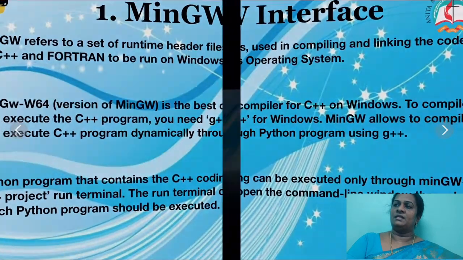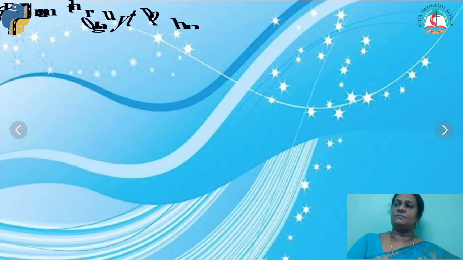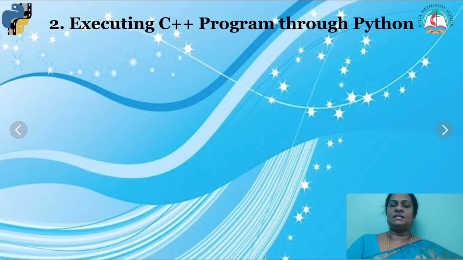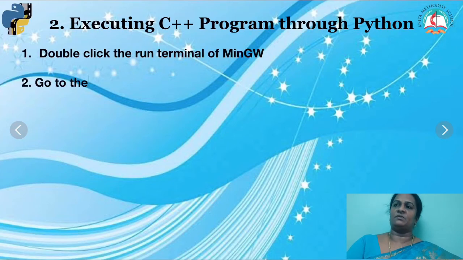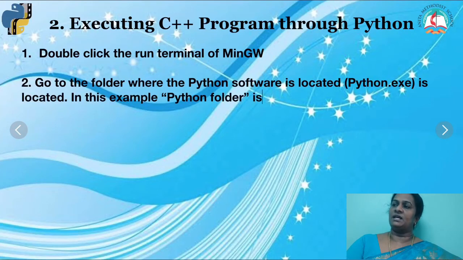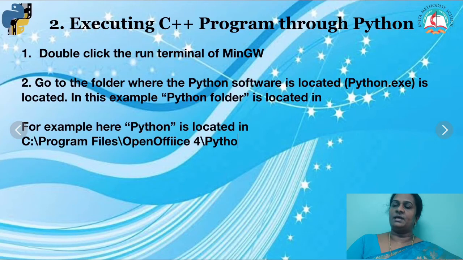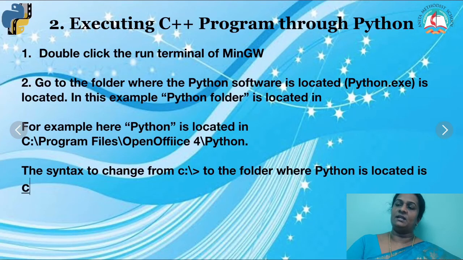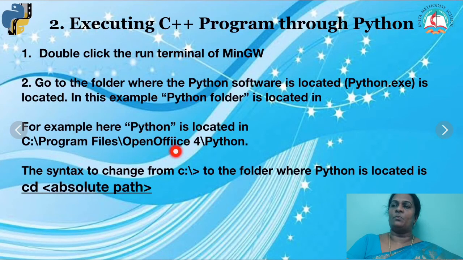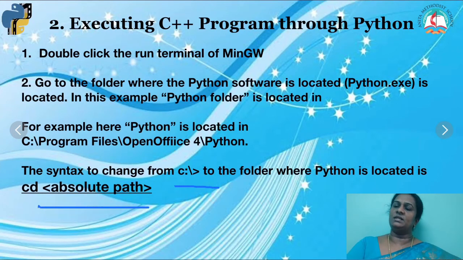Next we are going to see how to execute a C++ program from Python. First, double click the run terminal and go to the folder where the Python software is located. For example, if Python is located in Program Files OpenOffice 4 Python, the syntax is C colon, then the prompt symbol, and you locate it by CD with the absolute path.